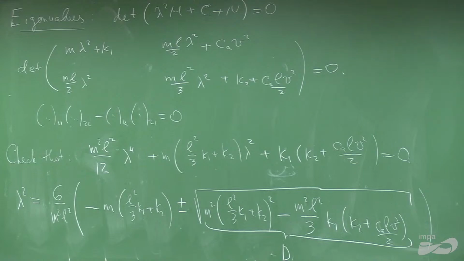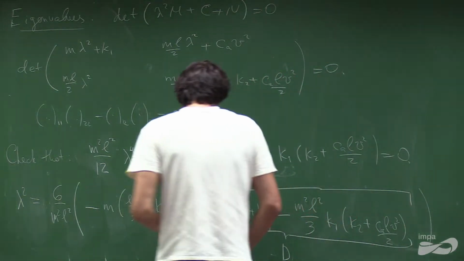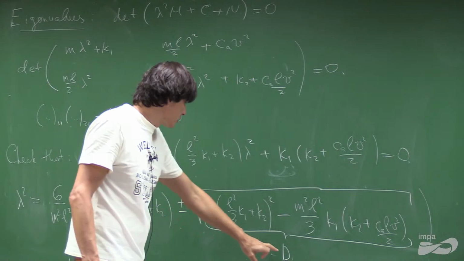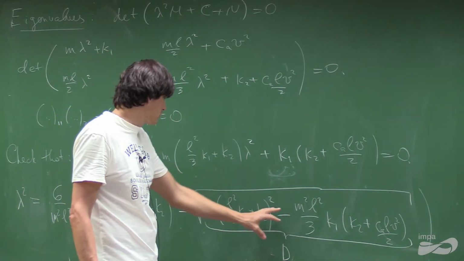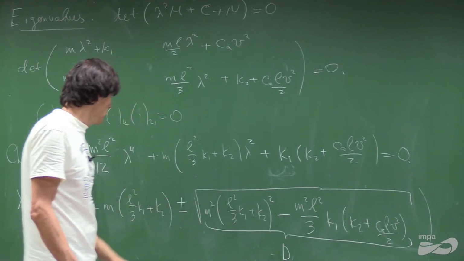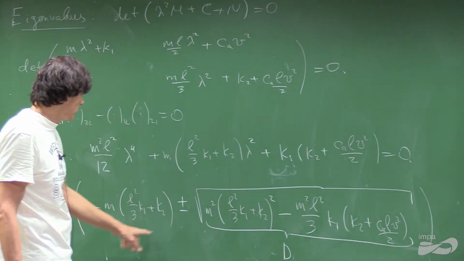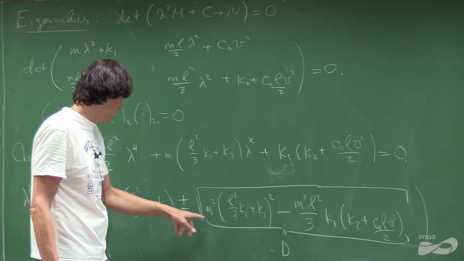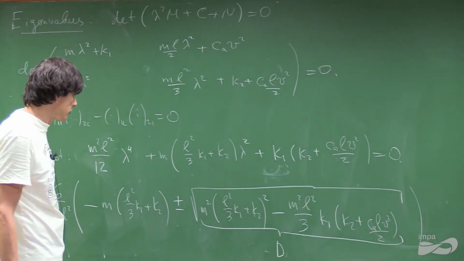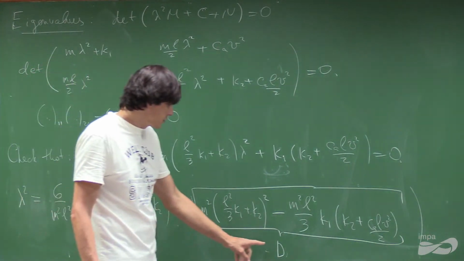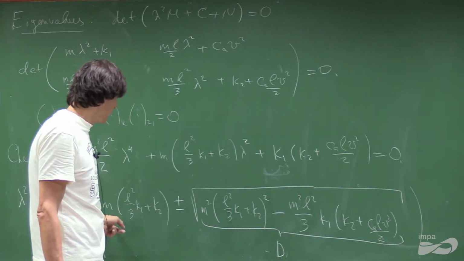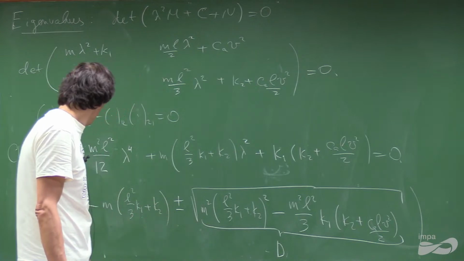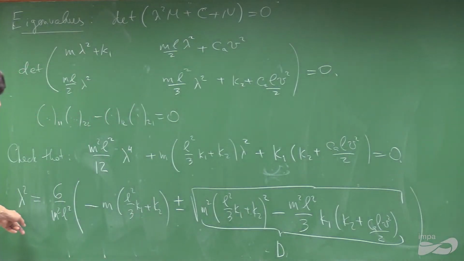So essentially what is important is the value of the discriminant. If it's positive, then we have a real square root, and there will be a real part plus minus a real number. So they both will be real, and then we take the square root of them. But if D is negative, then this part will be imaginary, and there will be a real part plus minus an imaginary part, and then we still have to take a square root.